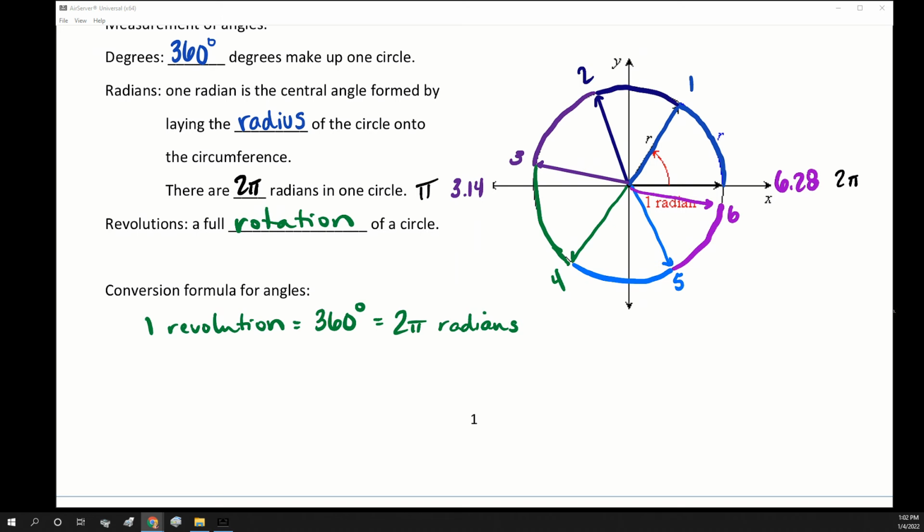And if we're not using revolutions, we're just dealing with degrees and radians, we use a reduced version: 180 degrees is equal to pi radians.